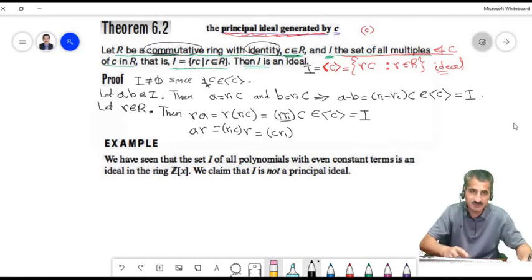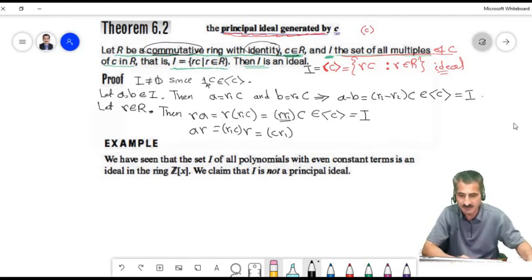So we use commutative ring and identity to accomplish the proof. Now use associativity, and this is an element which is a multiple of C. Multiply C by that element, so it is in the principal ideal generated by C, which is I.